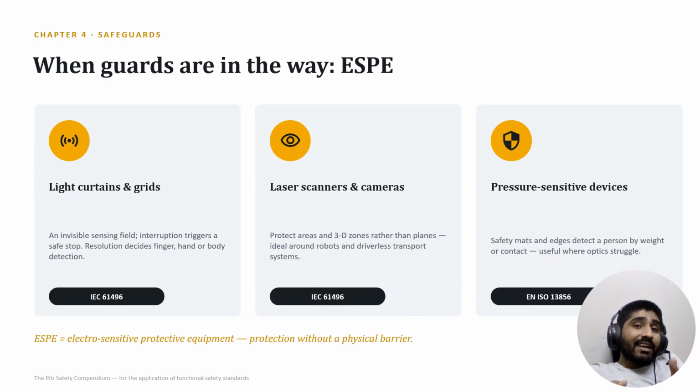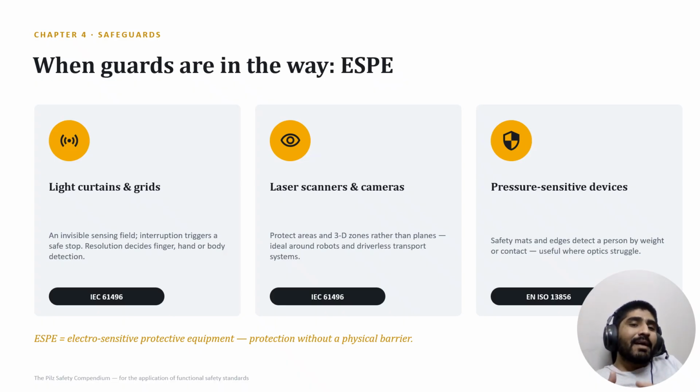Interrupting it triggers a safe stop. Laser scanners protect areas rather than planes, which makes them useful around robots and driverless transport systems. And camera-based systems can even surveil a three-dimensional zone.